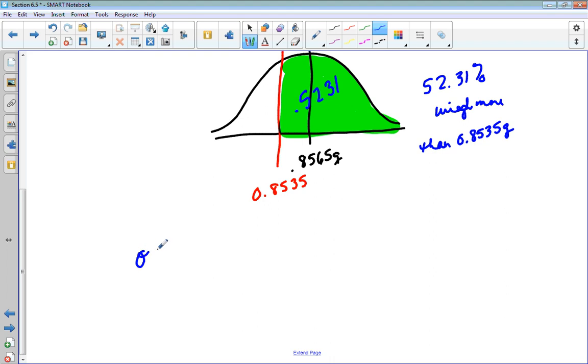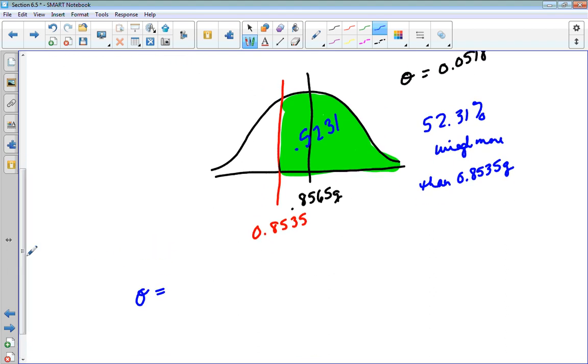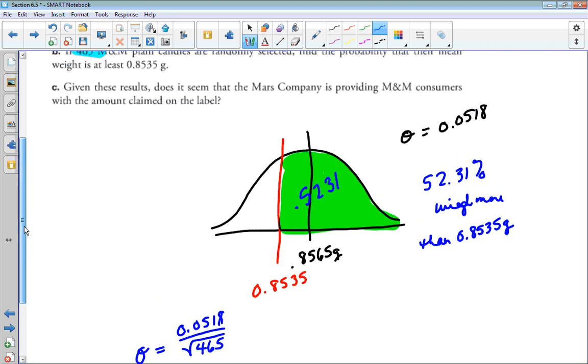The standard deviation for the sample here, I'm going to take 0.0518 and I'm going to divide that by the square root of the sample size, which happens to be 465.